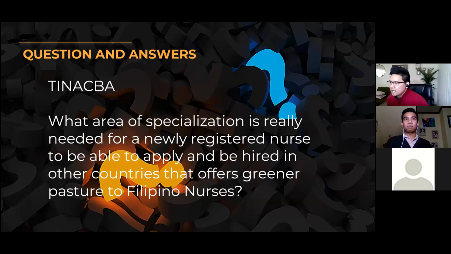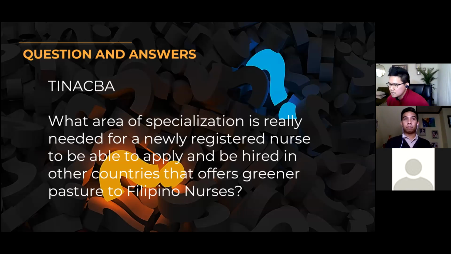Let me add. When you say intensive care unit, there are different types of ICU nurses. I've learned that before in college, but I've been learning more while in Germany. Because in my hospital, the Universitätsklinikum Bonn, there are five different intensive care units.